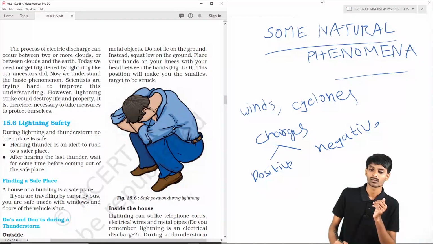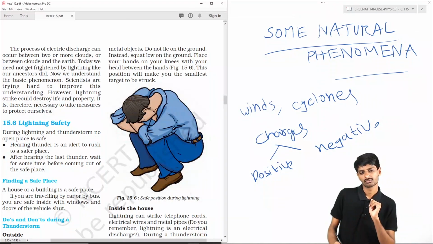We have to sit like this. This is one of the safest positions. Squat low. Students, this is the safest position and the smallest target.